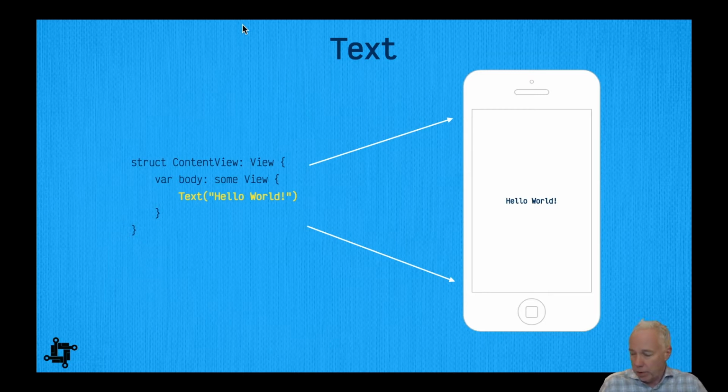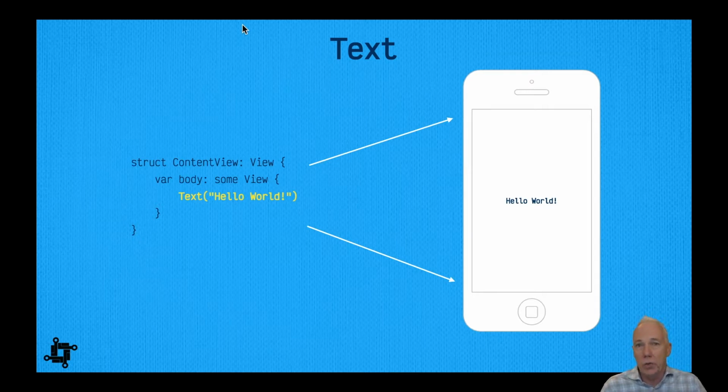So in this example, this is actually showing the concept of a text view. We'll be mentioning views all the time, and views are basically just, as you might expect, images or graphics that show up on our iPhone. And views will typically have a size associated with them. They'll have a position associated with them. But SwiftUI sort of abstracts a lot of that away for us, so it makes it really easy.